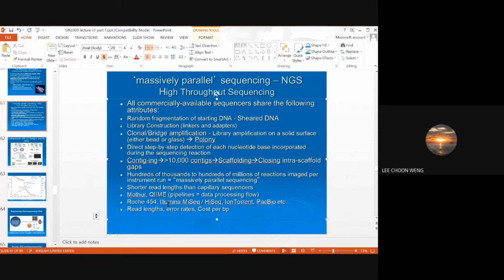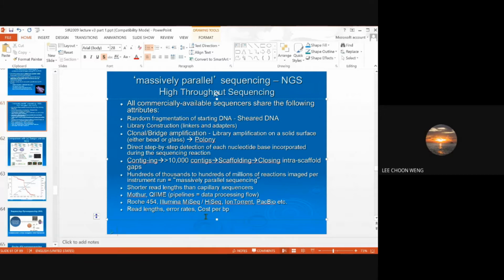Okay, so most of the high throughput sequencing that we do usually use this MiSeq HiSeq platform.